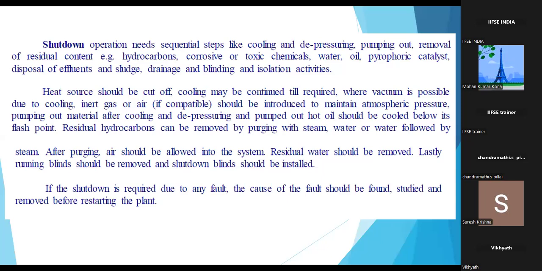Then pumping out, then removal of residual content. Once you have done removing the content, there may still be residues that also need to be checked.